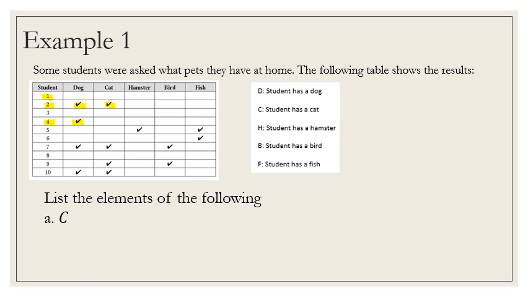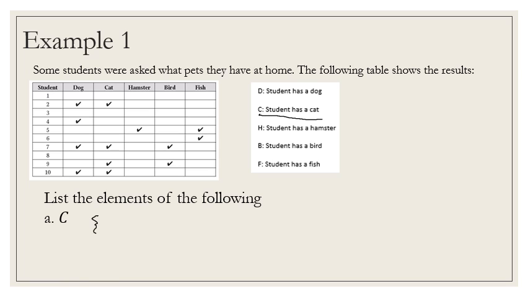It's not too bad. We've been given over here a key. D stands for student has a dog. This makes it easier to write the set and to talk about the set, to have these abbreviations. In our first example, we want to list the elements of C. Remember that C stands for student has a cat.